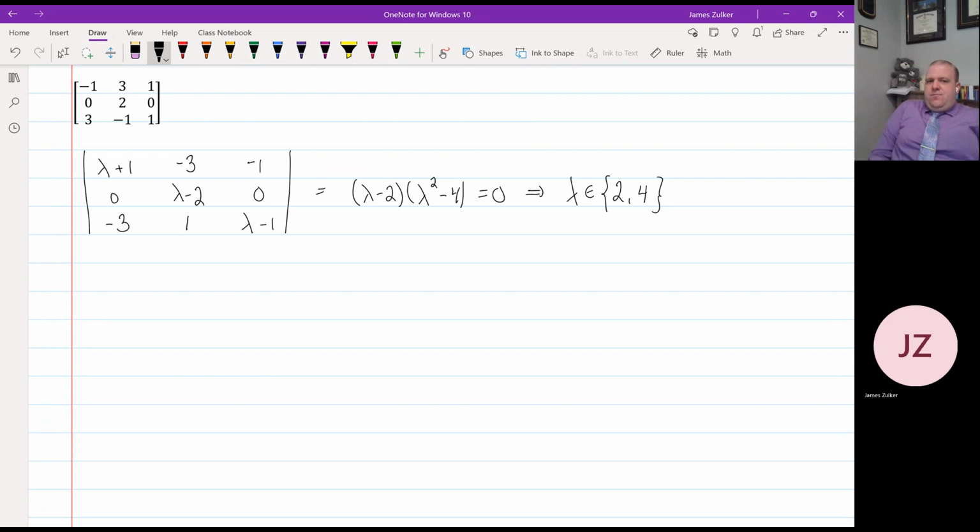So here we have two eigenvalues for a 3x3 matrix. This does not mean that it is undiagonalizable right away. What we have to do is check, right? We have to have total dimension of 3. In other words, we have to be able to find 3 linearly independent eigenvectors.